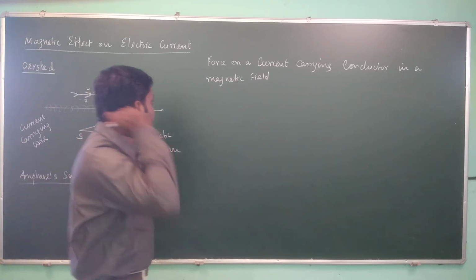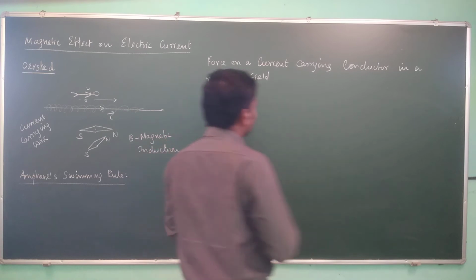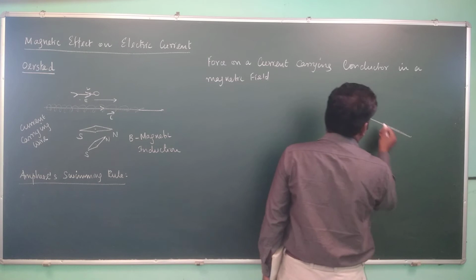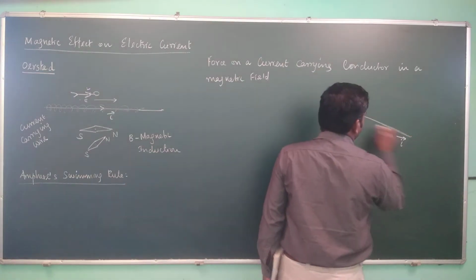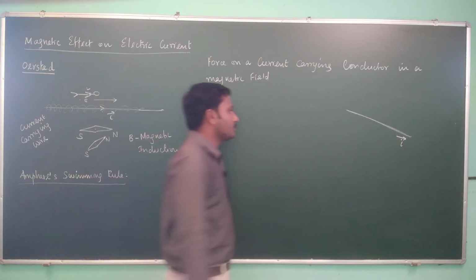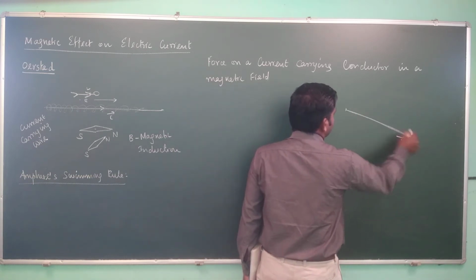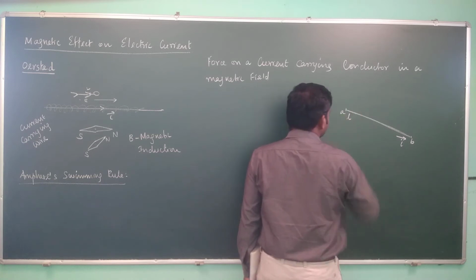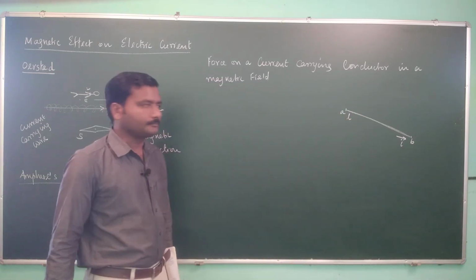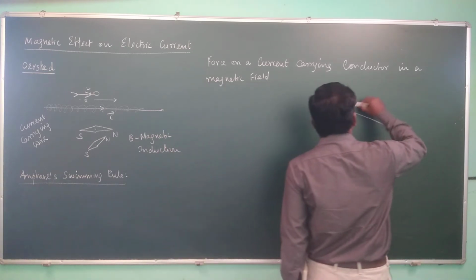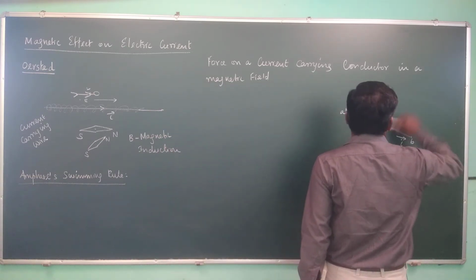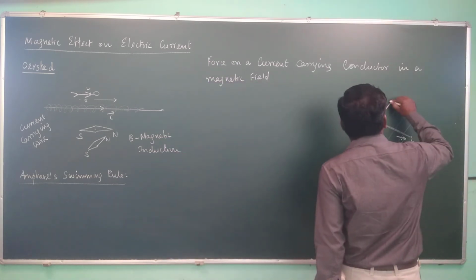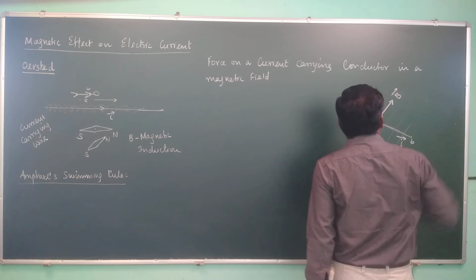So let us consider a current carrying conductor. Let's say the current I is flowing through it in this direction, so it's a vector, and this AB is the wire which carries the current, with length L. A magnetic field is applied across it, so let us consider one such magnetic field, B vector.